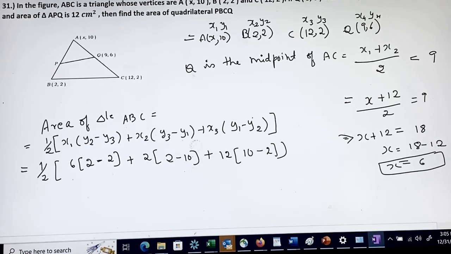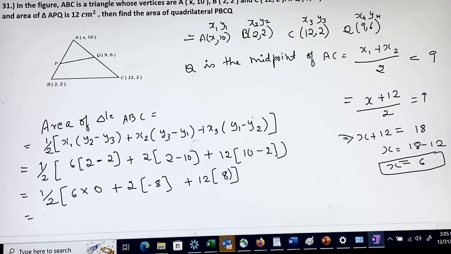Okay, so 1 by 2, 6 into 2 minus 2 is 0 plus 2. 2 minus 10 is nothing but minus 8 plus 12. 10 minus 2 is nothing but 8.